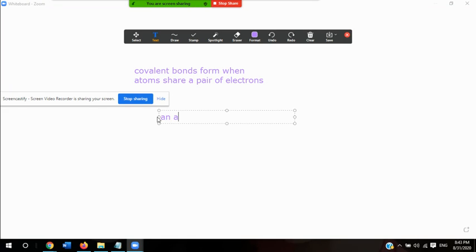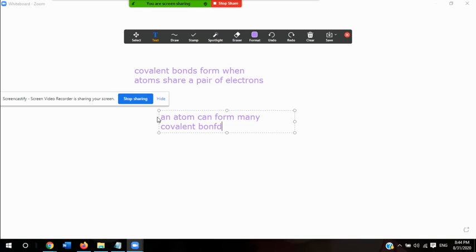An atom can form many covalent bonds. Okay? And it actually says that, for example, in carbon dioxide, carbon and oxygen share pairs of electrons in covalent bonds. This way all three atoms of the molecule carbon dioxide have full outer energy levels.